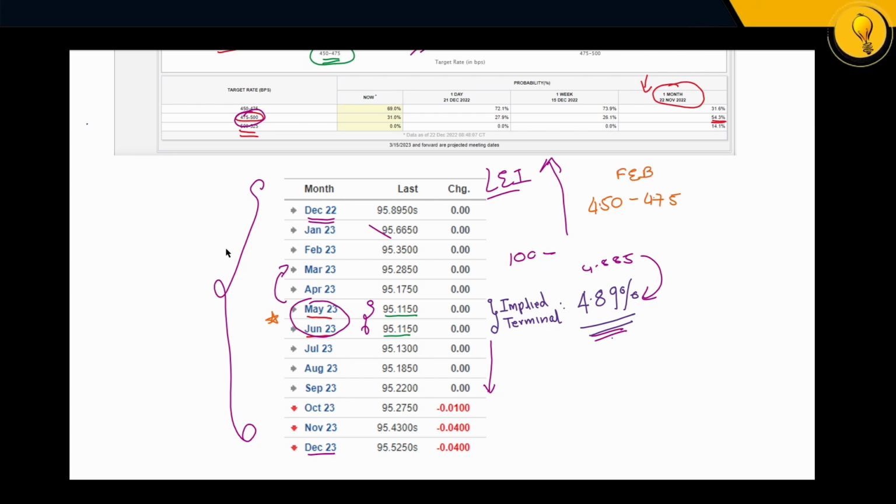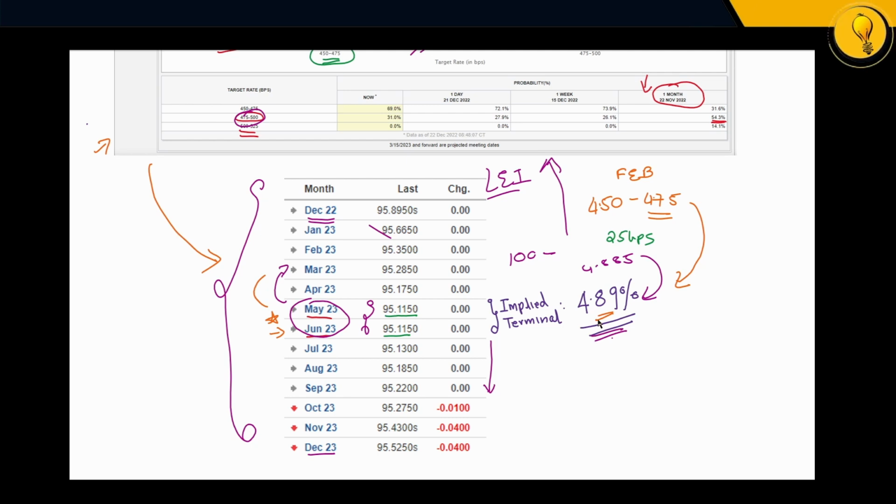So what the market is saying in the entirety, if you look at this chart over here and this table over here, what it's saying is that between Feb to June, we are going to be moving from 4.75 to 4.89%, which means that between Feb and June, the Fed is expected to have only a 25 basis points hike.